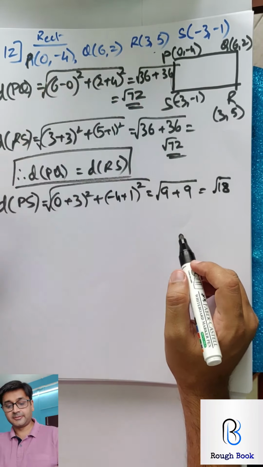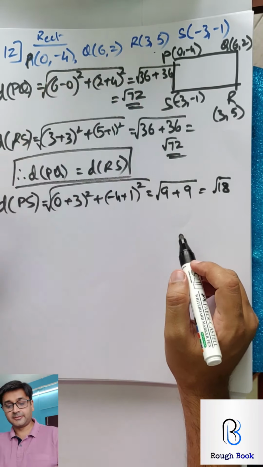Likewise distance QS. So Q and S, 6 plus 3 and 2 plus 1. See, we are using this minus as plus because of the formula. So 9 square 81, again 9, so I get root 90. So therefore distance PR is equal to distance QS.